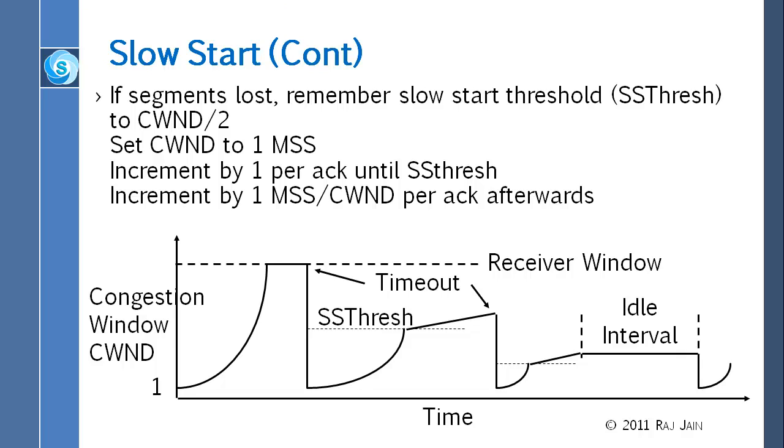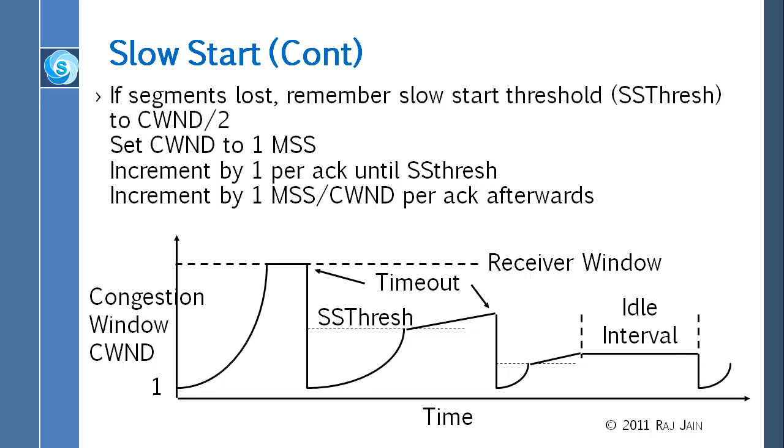Basically, in 1 round trip, suppose you send 100 packets, you will get 100 acknowledgements, so you add 100. You are not counting the number of acknowledgements, you are counting the number of packets acknowledged. It could be just 1 acknowledgement that says I got 100 packets, so you go up by 100. Whatever number of packets are acknowledged, you go up by 1 for each of them.